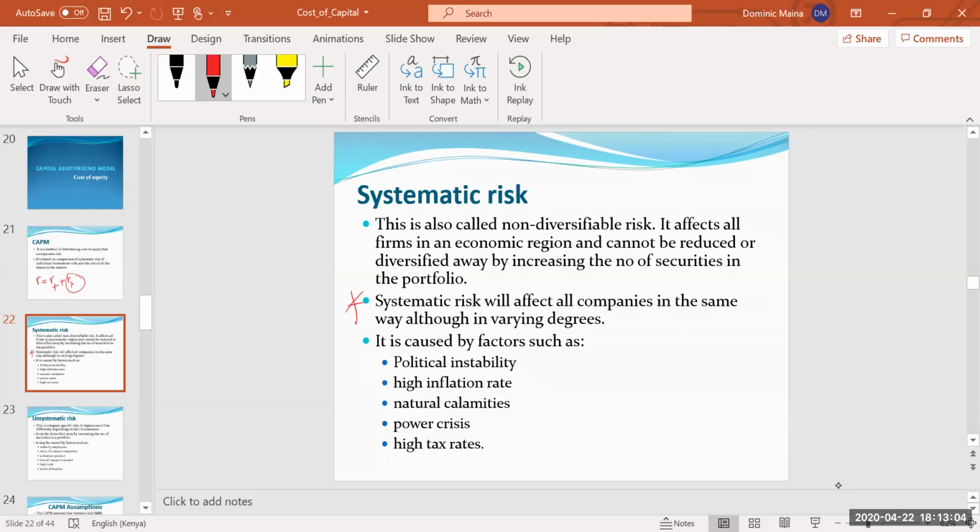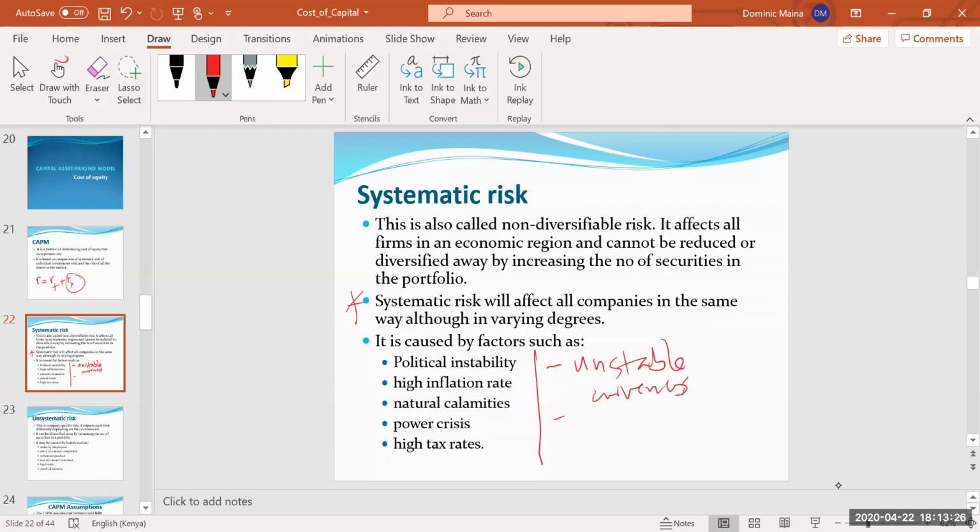We have maybe an unstable currency, which can also be a contributor, in case you have a very unstable currency in that particular market. For example, the case of Zimbabwe, a very unstable currency. Actually, I don't think they have a currency; they use the US dollar.